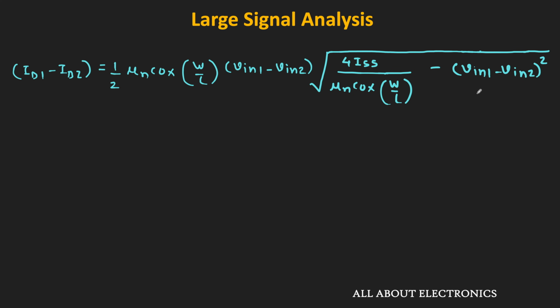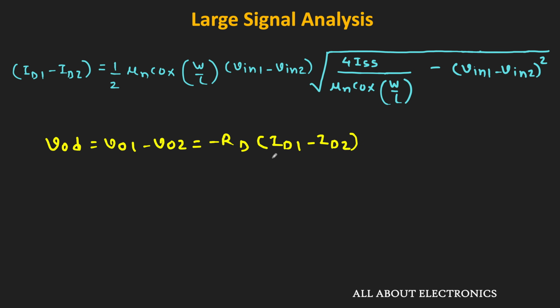So basically, we got the relationship between this ID1 minus ID2 and the V in 1 minus V in 2. And as we know, this differential output voltage VO1 minus VO2 can be written as minus RD times this (ID1 minus ID2). That means if we multiply this entire term by minus RD, then we will get the relationship between this VO1 minus VO2 and the V in 1 minus V in 2.